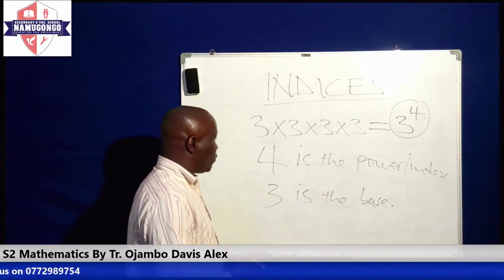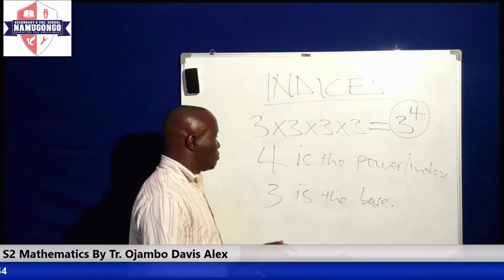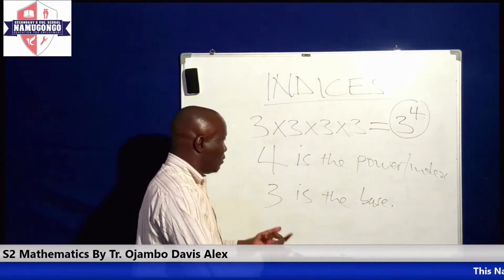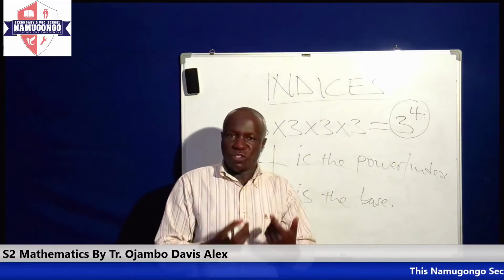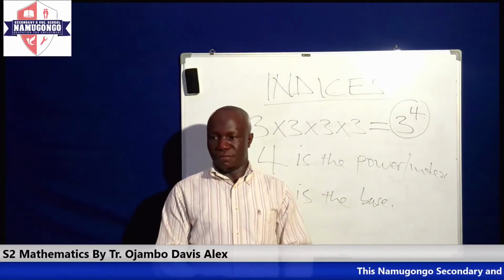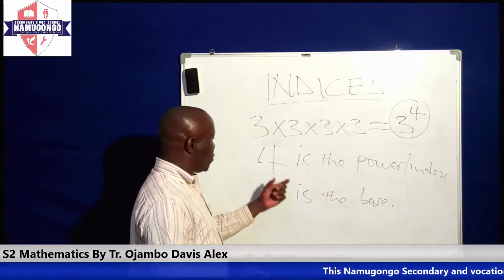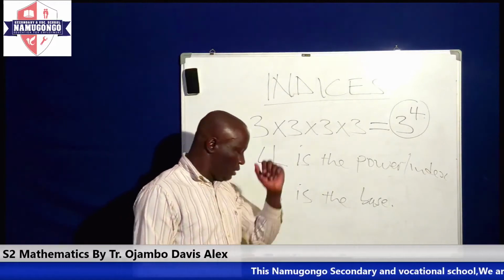So 4 becomes the power, or the index, because 3 has been multiplied by itself 4 times. That's why we define an index as the number of times the base has been multiplied by itself. Therefore, 4 is the power or index, and 3 is the base.